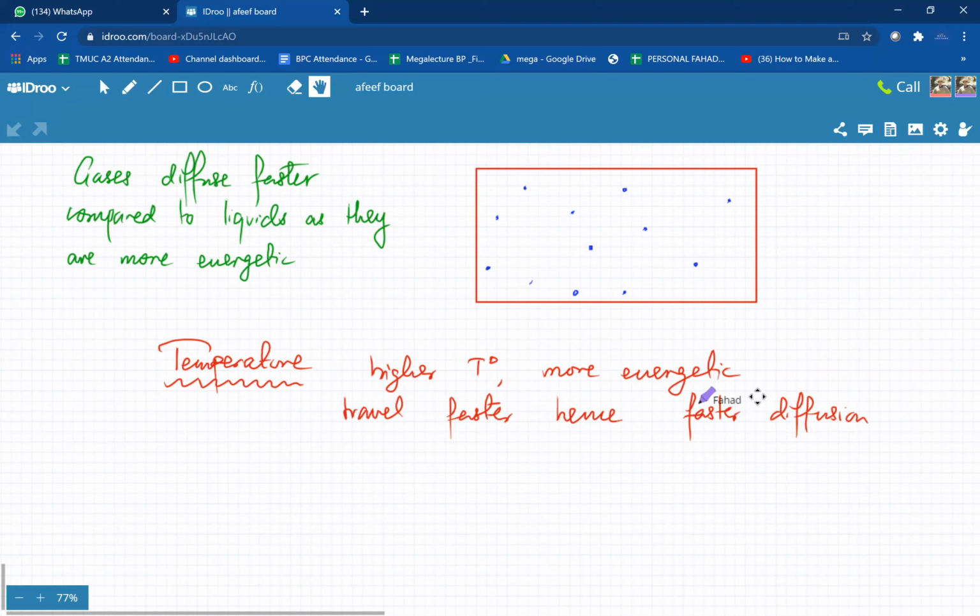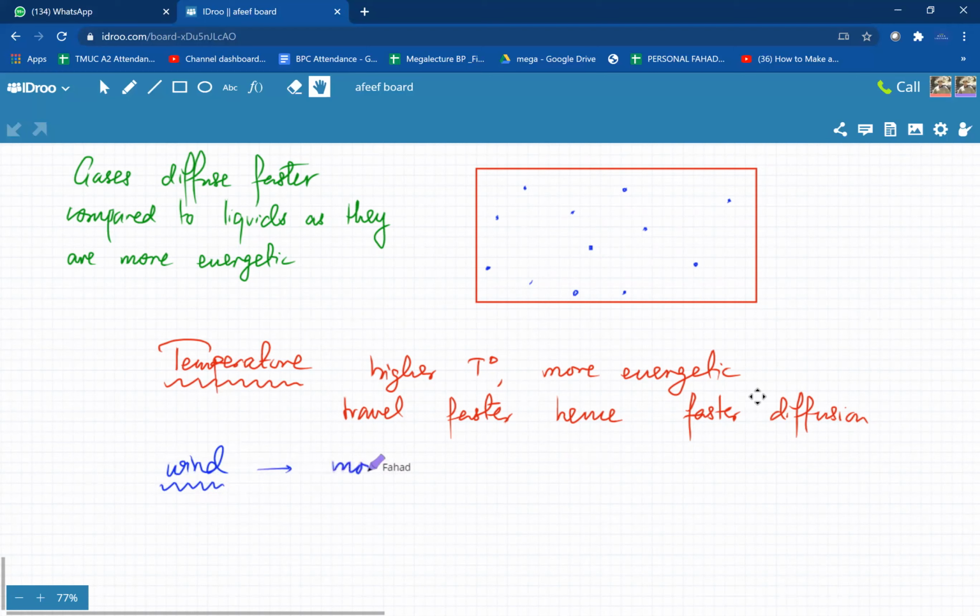What's the other factor? The direction of air, or the air current. Let's call that wind. Wind is one factor.